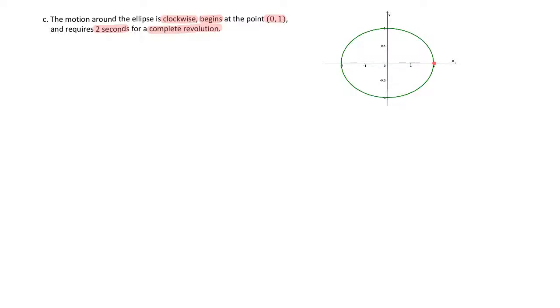But now they want the starting point to be here on top, right there. So if the starting point needs to be (0, 1), then the parametric equations that we have, starting with t equals 0, are not going to work.